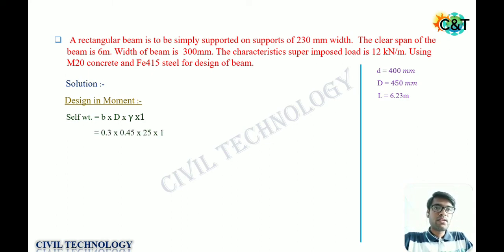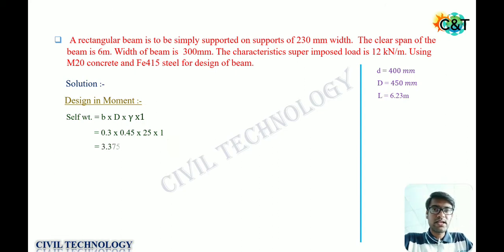All the data is already given: the width of the beam is 300 mm, so 0.3, and the overall depth we just calculated is 450 mm, so 0.45. The density of concrete we consider as 25 kilonewton per meter cube, so that 25 comes in, per meter length.